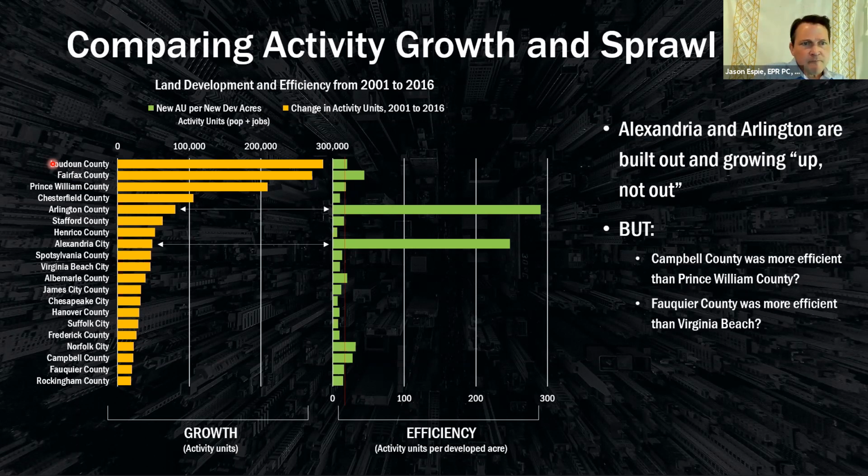I want to comment on Paul Stoddard's comment here. As a more inclusive measure of population and jobs, could this be mapped to the urban-rural transect? I want to put a plug in for the multimodal design guidelines by DRPT that some of us at EPR worked on, because that did exactly that. It created a series of place types, five place types, I think, based on activity unit density.